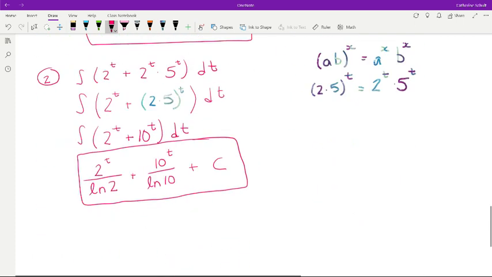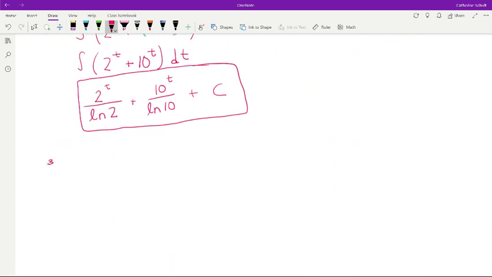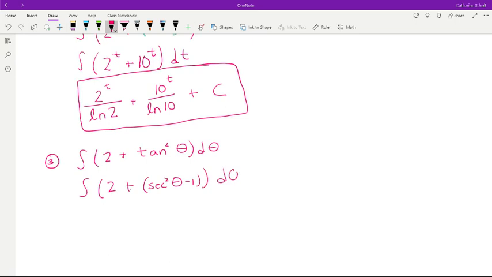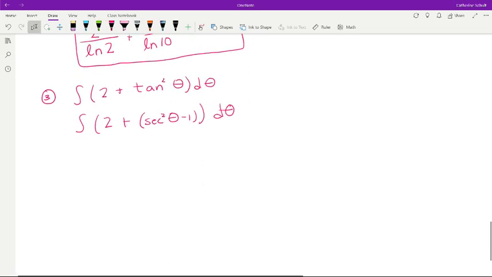Okay, so let's do it. Okay, so we're saying then that tangent squared is secant squared theta minus 1. All right, and that was our strategy because there's an antiderivative to secant squared.